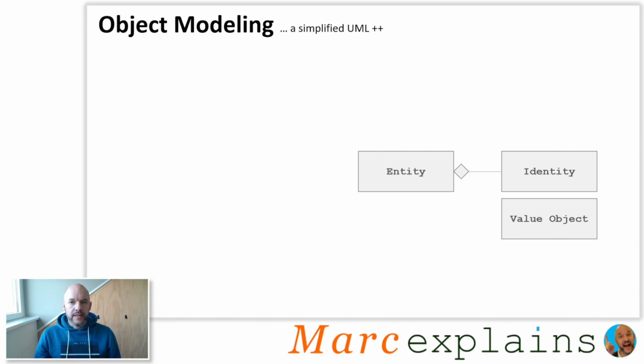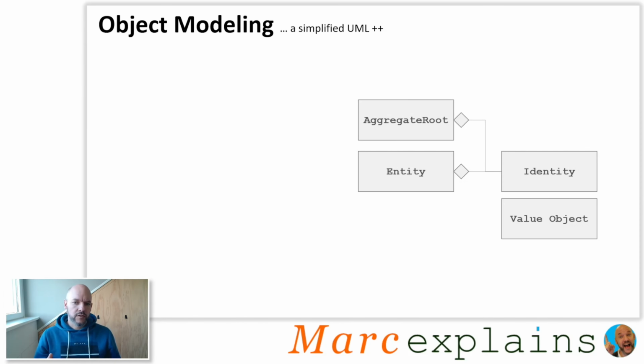And then the entity or a collection of entities can be part of a group in which they exist. If this main object or root entity doesn't exist, all the other entities and value objects have no reason to exist. And this is called the aggregate root.